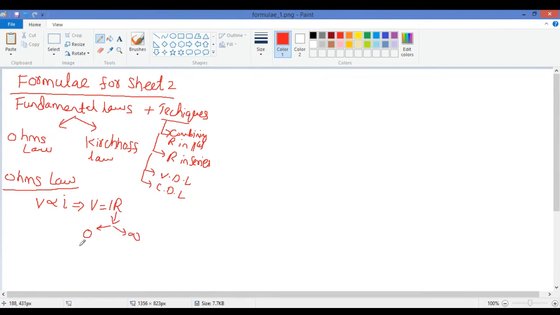If the value of R, the resistance, is 0, then we call it a short circuit, and this is what we call a perfect conductor. And if the value of R is infinity, then it is called an open circuit.